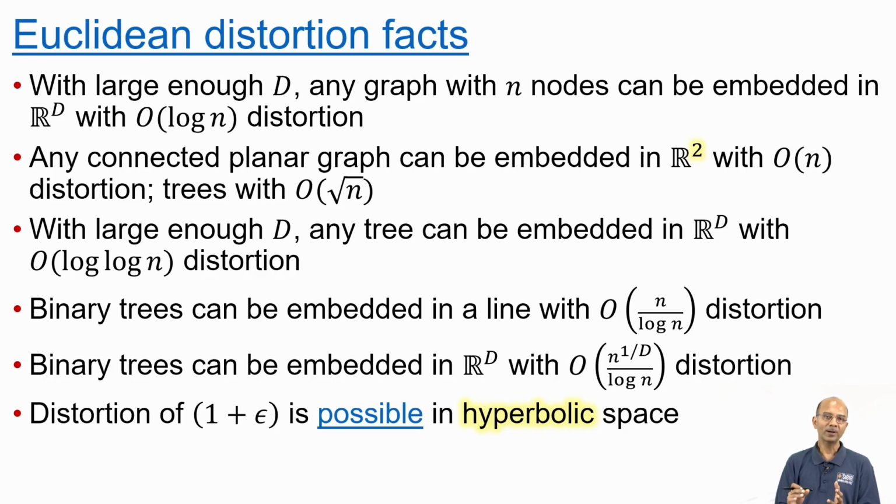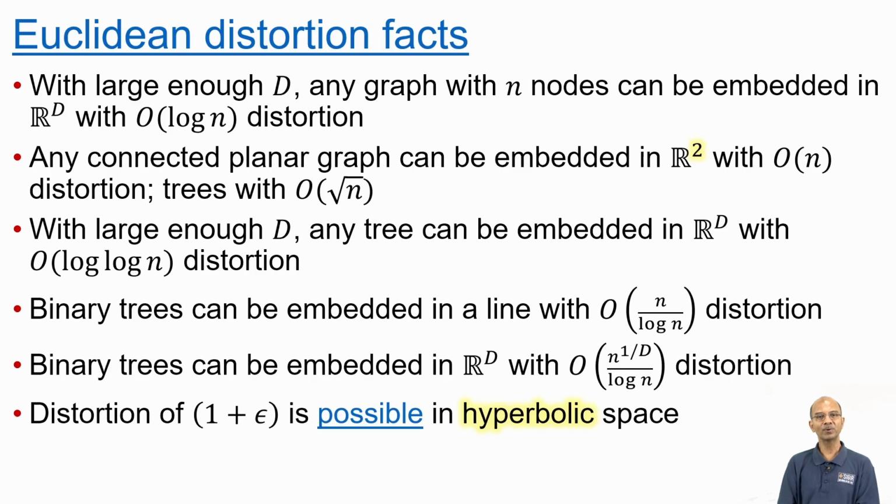Now, from the domain of Euclidean embeddings, the following facts are known about distortion. If you allow the Euclidean space, the target space, to have as many dimensions as you need, D can be arbitrarily large, then any graph with n nodes can be embedded with order log n distortion. If the graph is also known to be planar, that is, it can be drawn on a plane surface without edges crossing over, then it can be embedded in R squared, in only 2D space, with order n distortion.